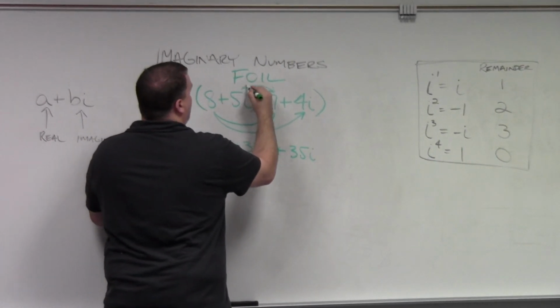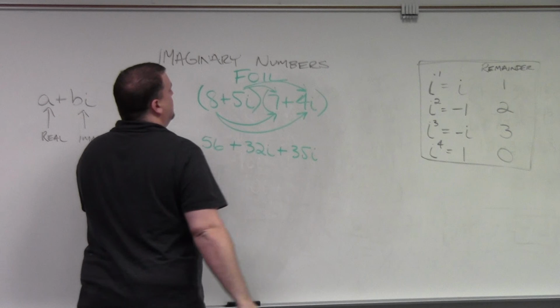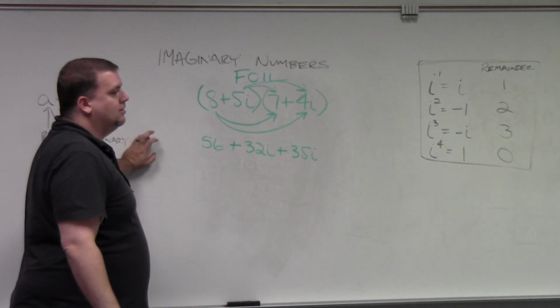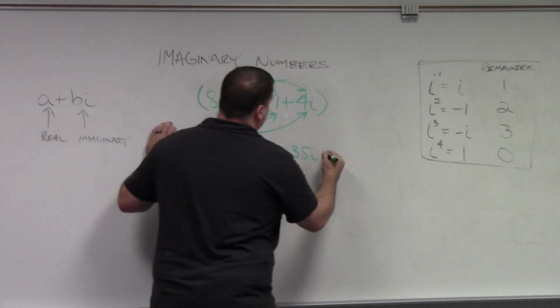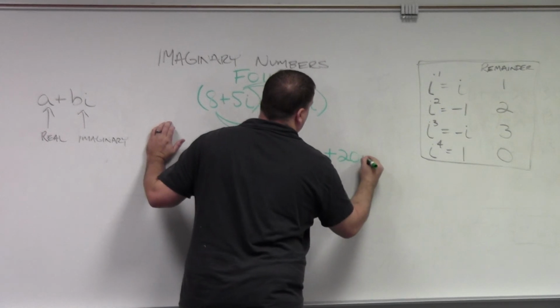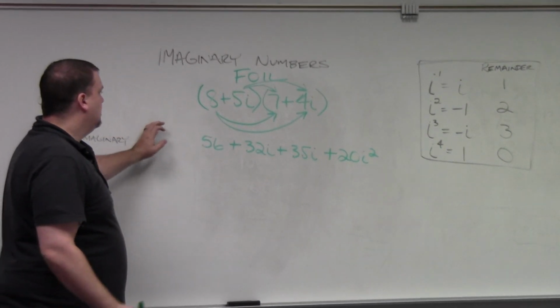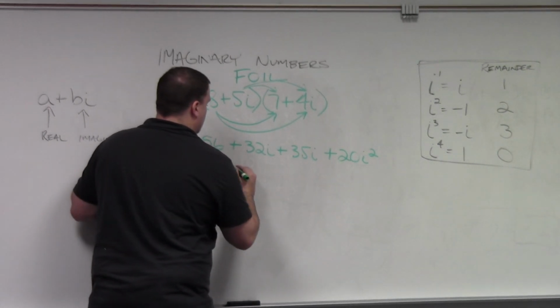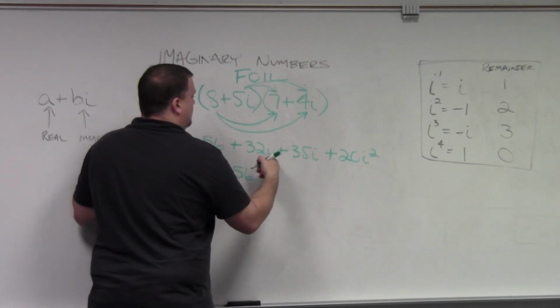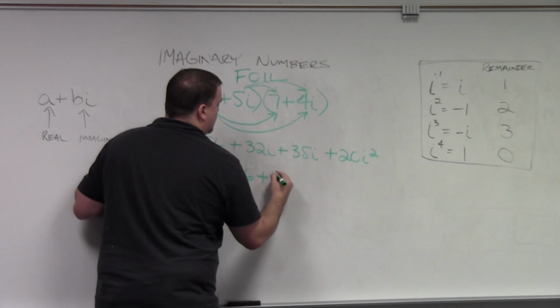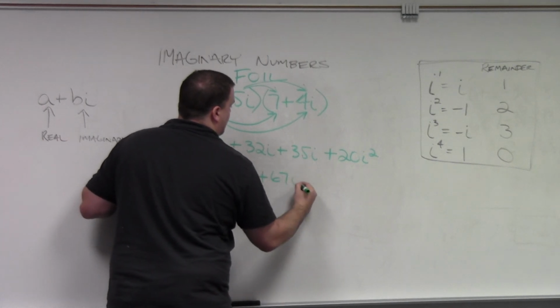Then we also have this 5i times 4i, the last. 20i squared, very good. Can we add together these numbers? 32i plus 35i is plus 67i.